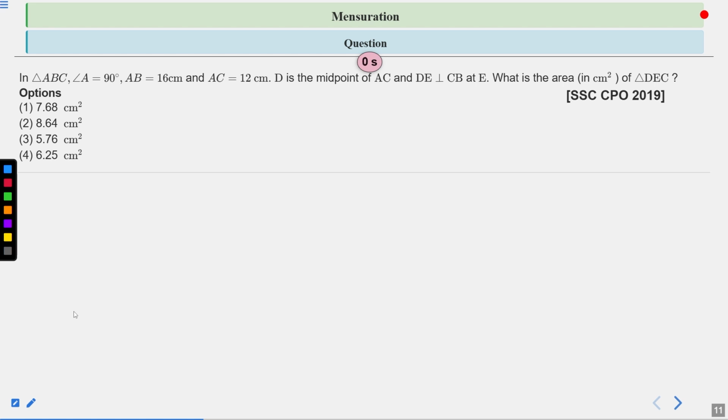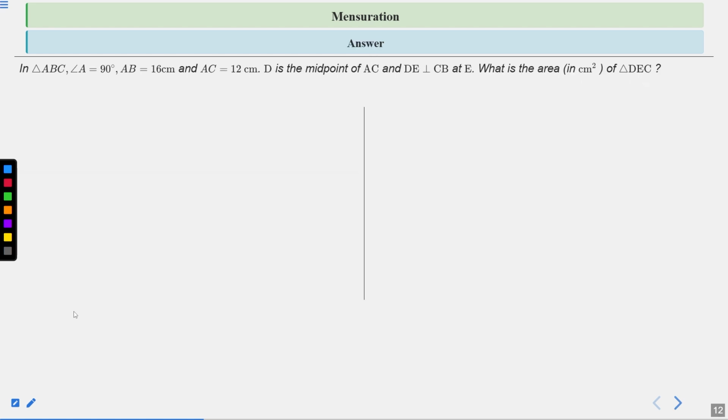Now time's up. Let's see the solution of this question. So the question says that in triangle ABC, angle A is 90 degree, and it is also given that AB equals 16 centimeter and AC equals 12 centimeter. So we need to calculate BC by using the Pythagoras theorem.